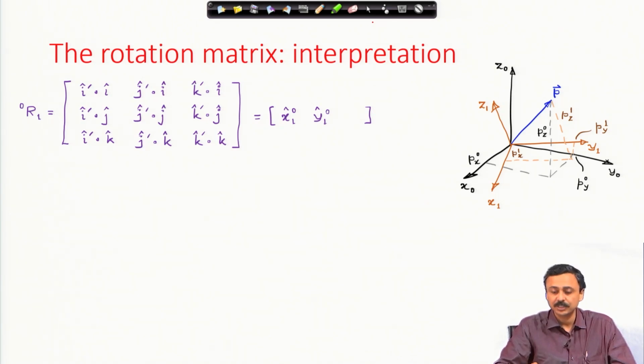In other words, it is a representation of y 1 in x 0, y 0, z 0. These columns are the coefficients of the unit vector y 1 in x 0, y 0, z 0. Similarly, the third column is the representation, or the coefficients, of z 1 in x 0, y 0, z 0, because I have taken k prime cap and its dot product with I cap, j cap, k cap. Therefore, I get the direction cosines of the z 1 axis in x 0, y 0, z 0.